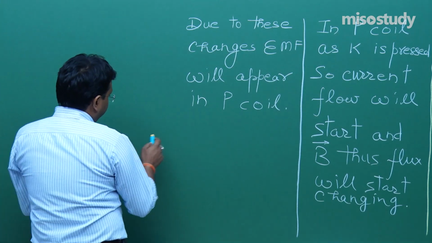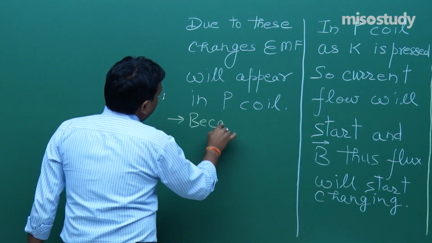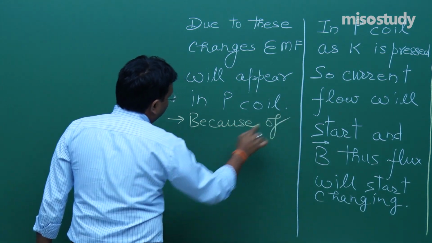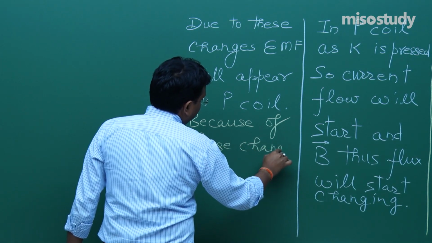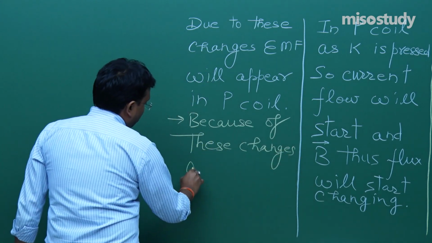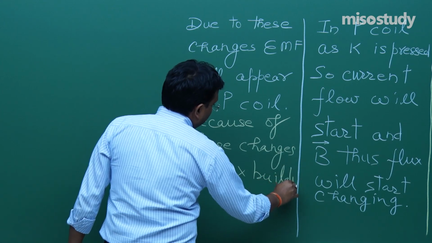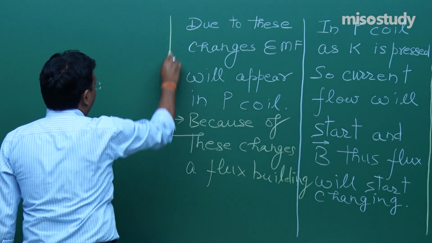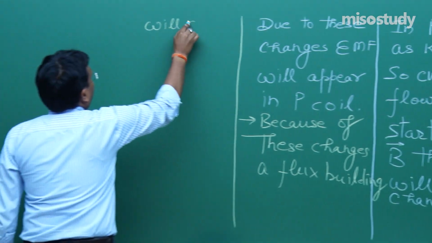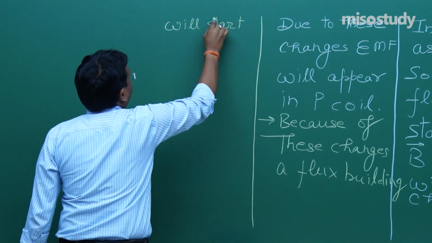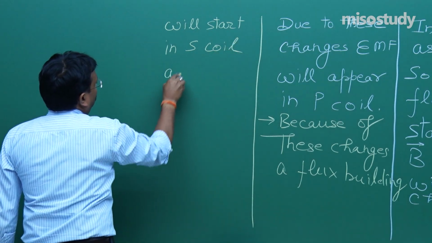Because of these changes, a flux building will start in the S coil also.